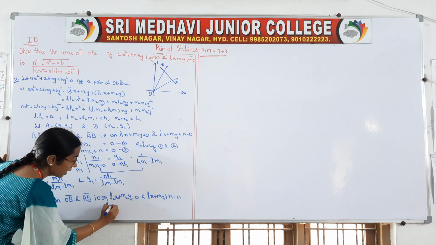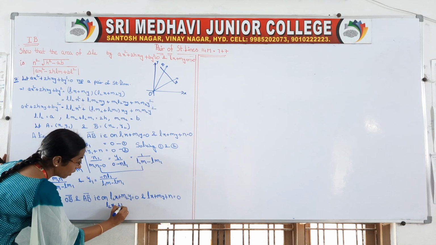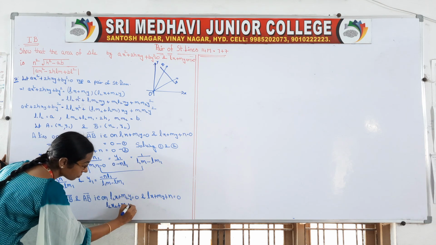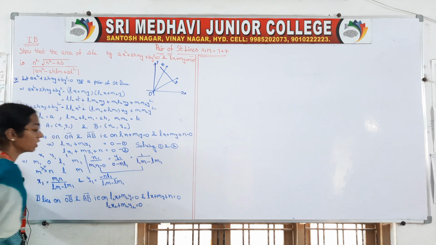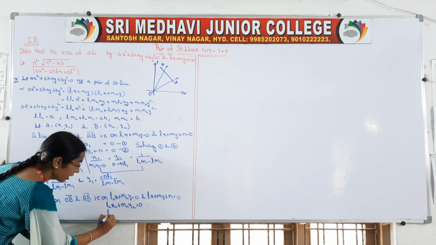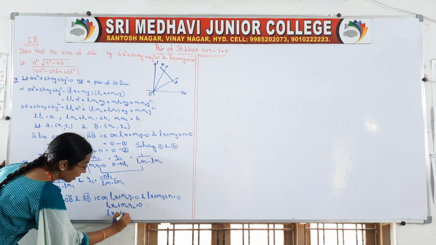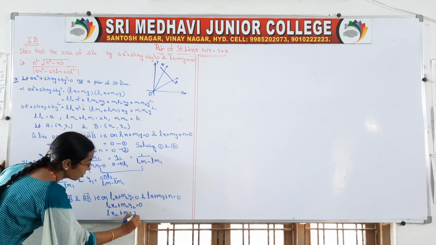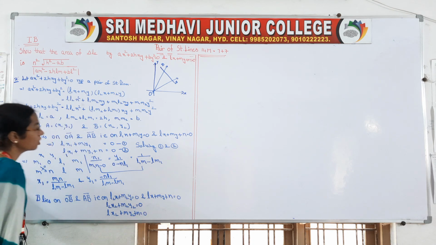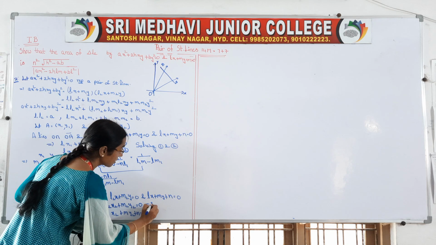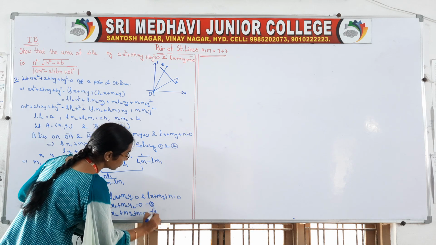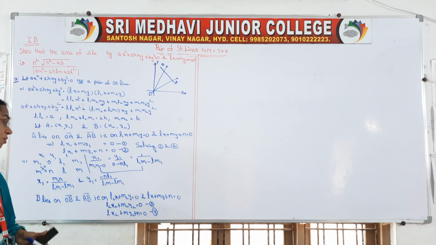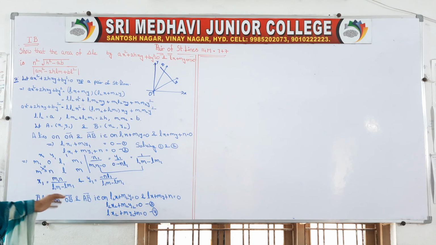So what happens? L2x2 plus M2y2 is equal to 0. Similarly, Lx2 plus My2 plus n is equal to 0. You consider this as third and fourth equation. Okay, by solving third and fourth, we will get our B point.